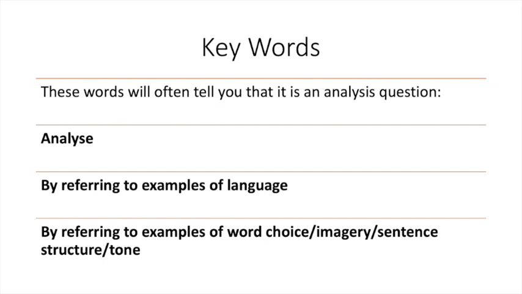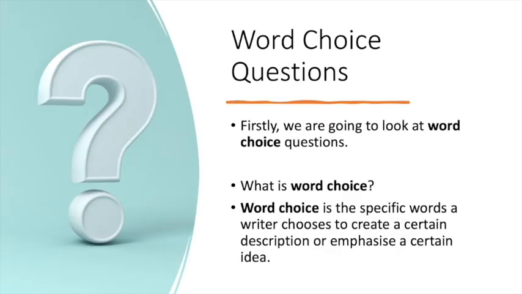All of those words give you a clue that this is an analysis question where you're going to have to quote and explain in order to get marks. So today, with this video and this slideshow, we're focusing on word choice questions.